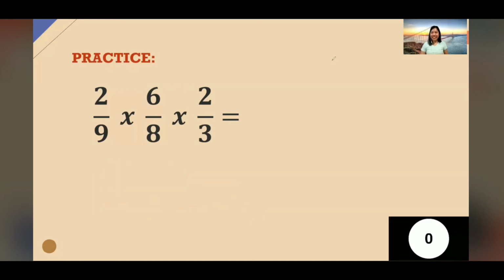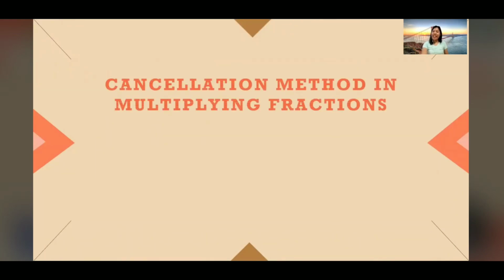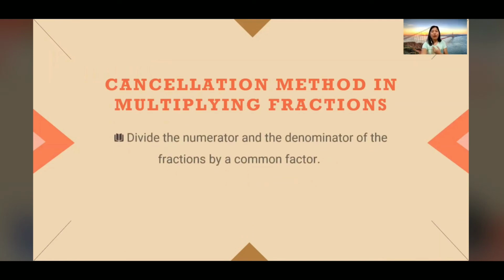Clarifications? Alright. Let us now generalize our topic for today. Today, we talk about, that's correct, cancellation method in multiplying fractions. And we have 2 options. The first option is where we are gonna look for the common factor and then just simply cancel those.